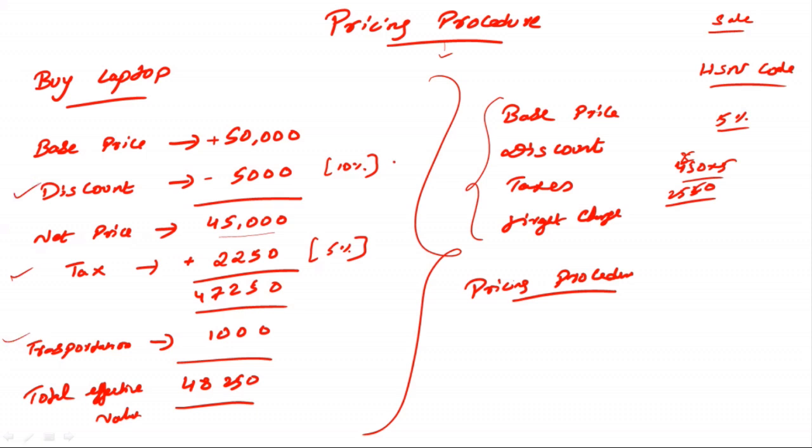And if you want the value also to be fixed, that can also be done. Every time you create a purchase order, per day you're going to create approximately 200 to 300 purchase orders. If you're creating so many, you cannot keep on calculating on your own and entering the values there. So to make this automated, we are going to have the pricing procedures.